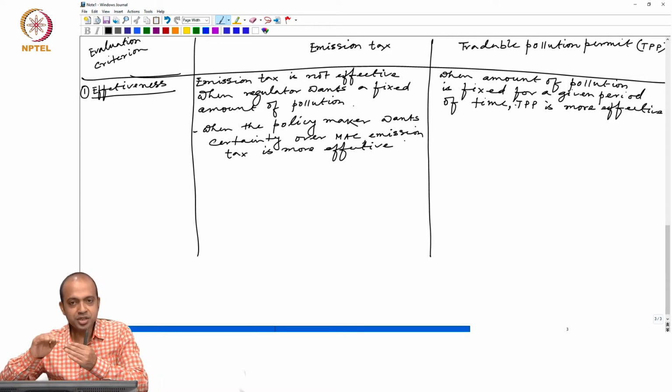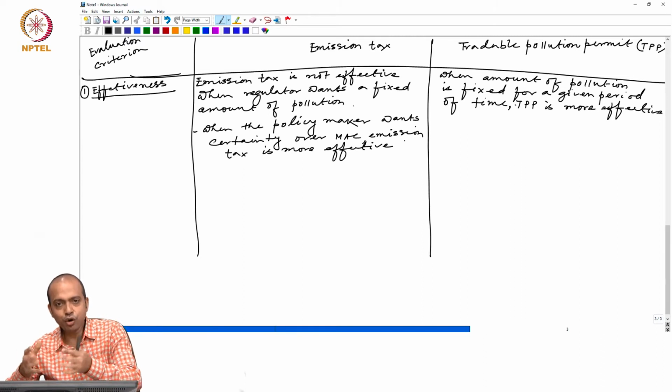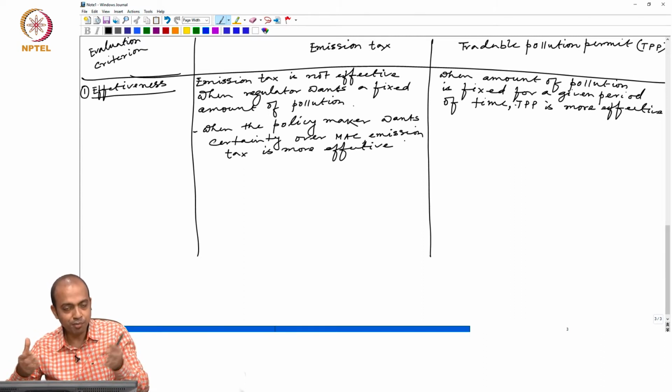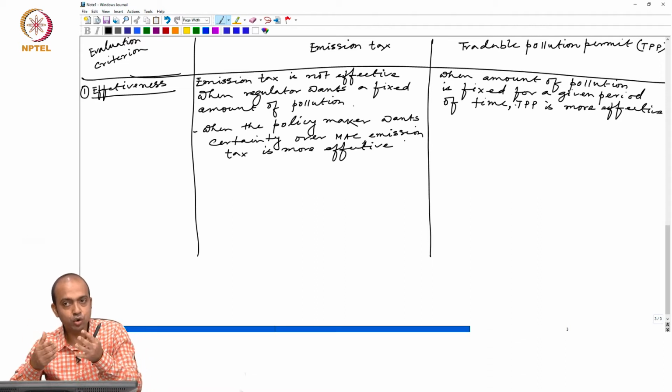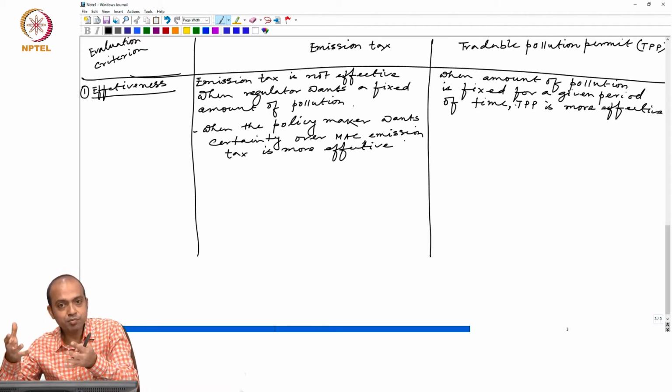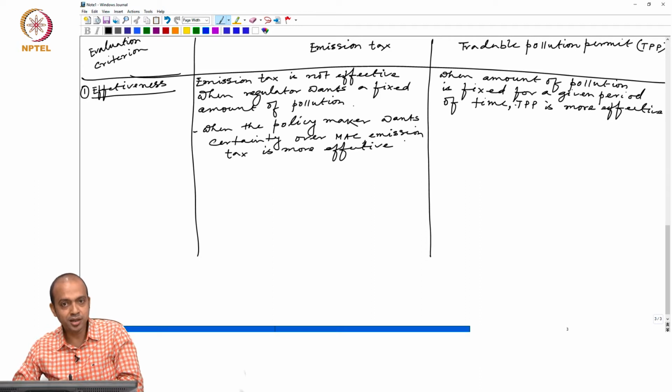So at the end there would be a lot of uncertainty about the marginal cost of abatement, because a firm does not know what would be the price of the permit in the market if I fall short of certain permits. In that case, if the policymaker's objective is to remove the uncertainty about the control cost, then emission tax is preferred, not the tradable permit.